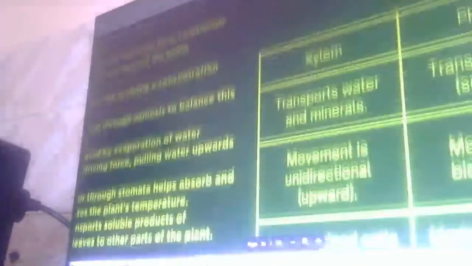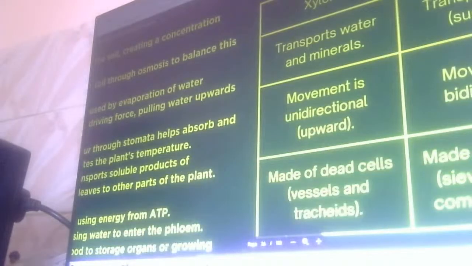Differences: xylem carries water and minerals, phloem carries food, sucrose. Sucrose, I've heard it somewhere. Oh, sucrose is coming up in geography. No wonder.